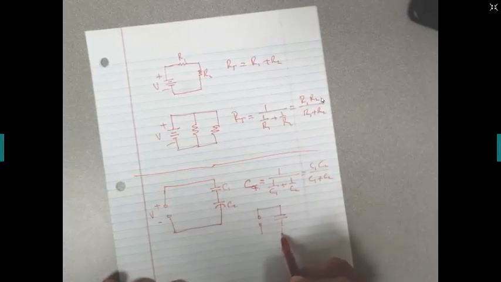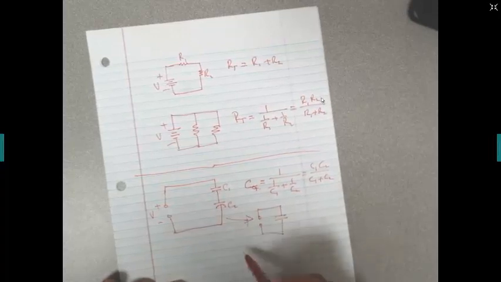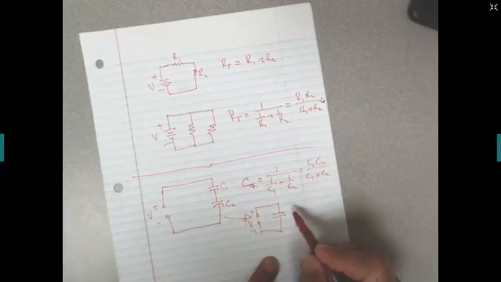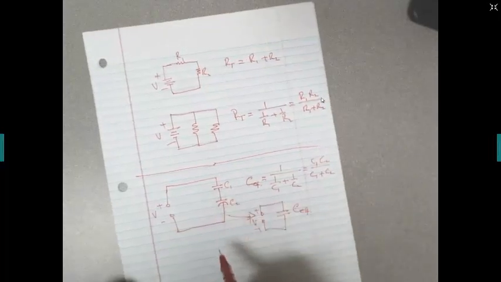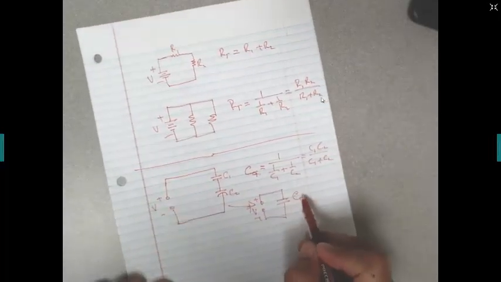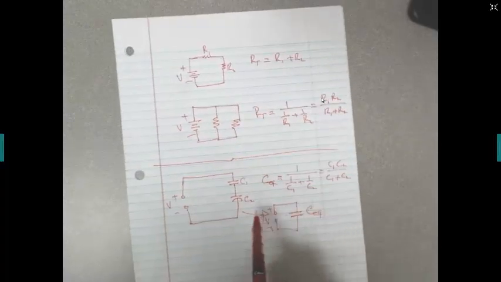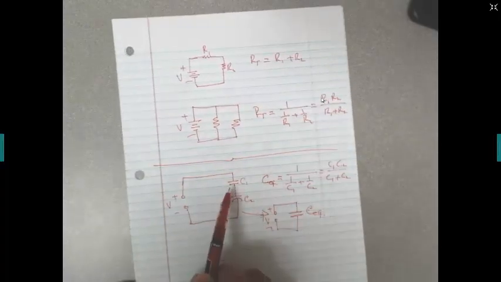Okay, so as you can see, if we replace these by one capacitor with voltage V, this one is going to be the equivalent of these two. So this equivalent capacitor will have a capacitance that is less than the smallest one of these two.